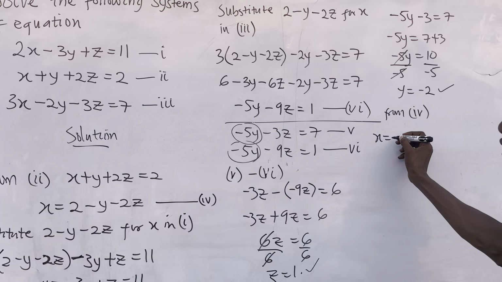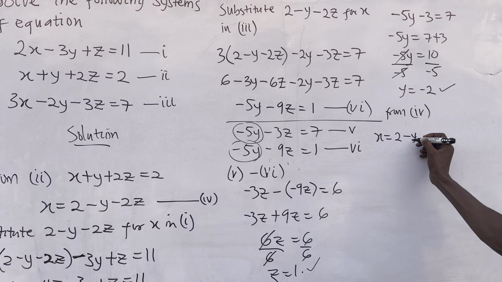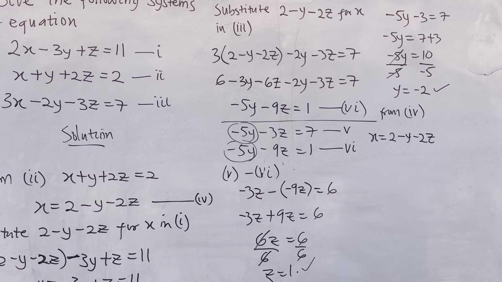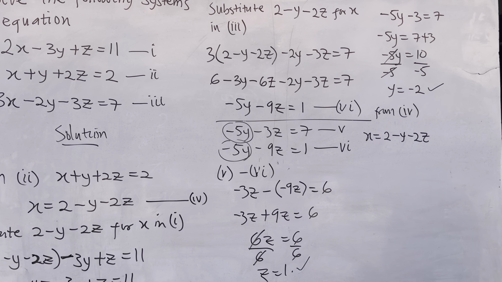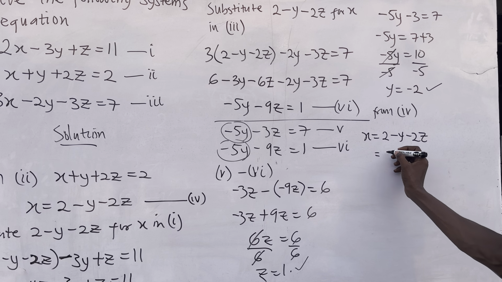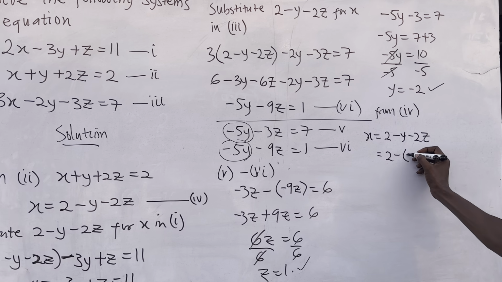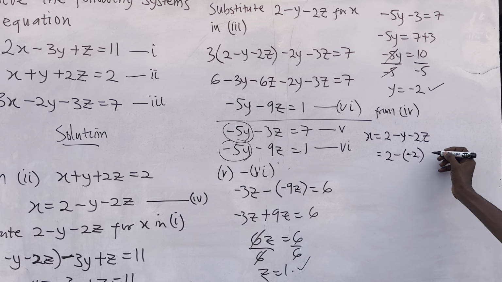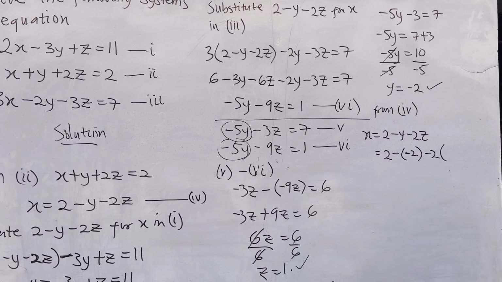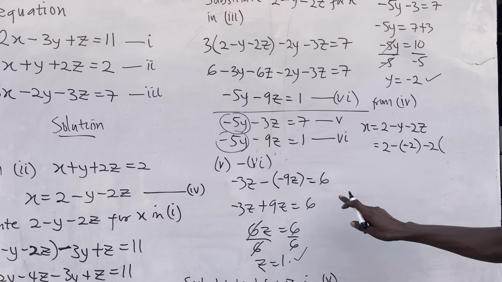Remember that x equals what? 2 minus y minus 2z, right? So if we do that, our x becomes 2 minus, what's our y? Our y is minus 2, right? Minus 2z, and which is what? Our z is what? 1.